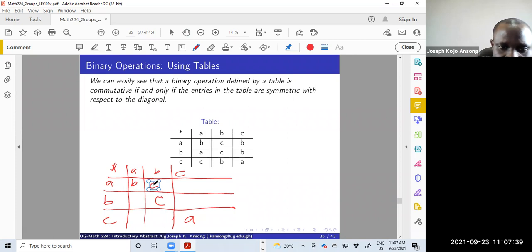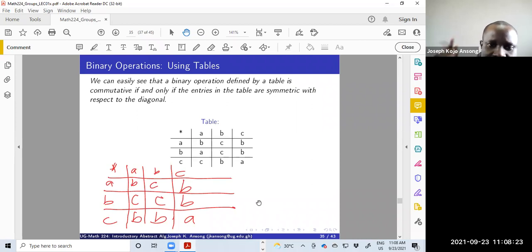A and B give C, so B and A should also give me C. Now, A and C gives B. I also expect that if I do CA, I should get B. Here, I have BC, which gives me B. So CB must also give me B. Suppose that this operation here was commutative. If it's commutative, this is what we expect to see in the table.